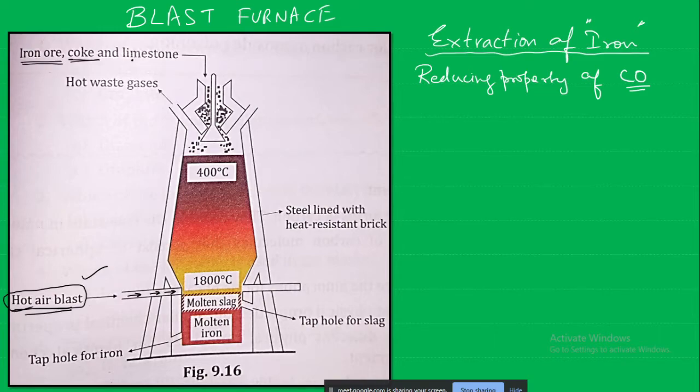And limestone is chemically what? Calcium carbonate. So limestone is calcium carbonate, coke is nothing but simple carbon, obtained by the destructive distillation of coal. And iron ore here is the oxide of iron, Fe2O3.